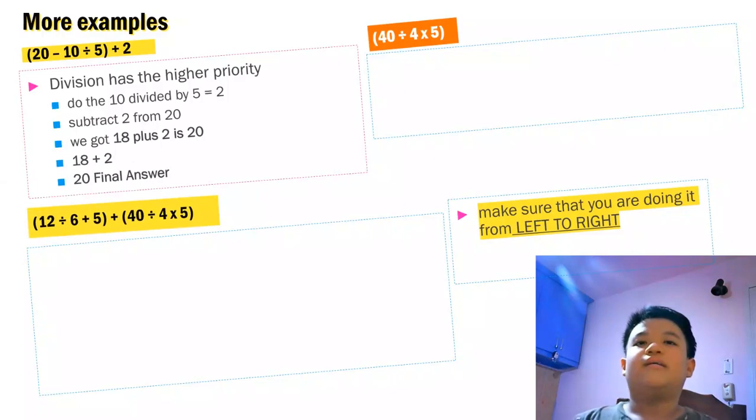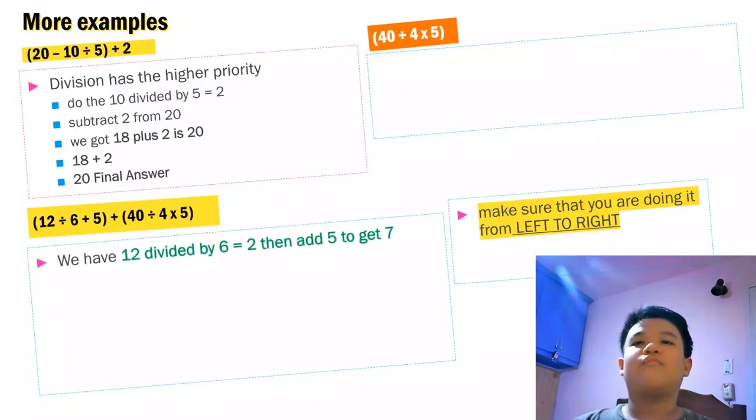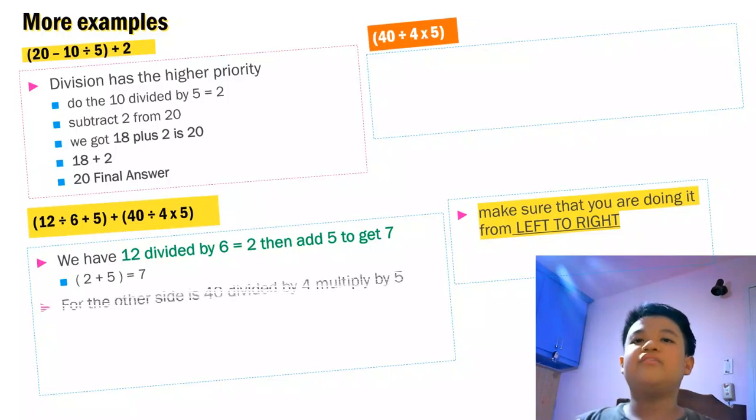Another one, 12 divided by 6 plus 5 plus 40 divided by 4 times 5. So we have 12 divided by 6 to then add 5 to get 7. And for the other side of the group it is 40 divided by 4 multiplied by 5. Which do we do first? Multiplication or division?